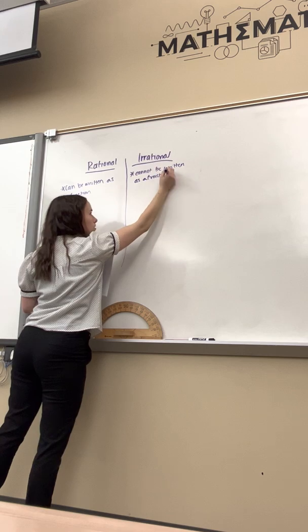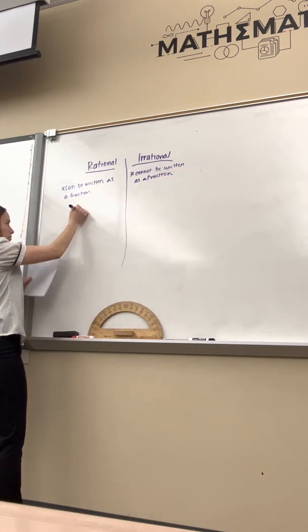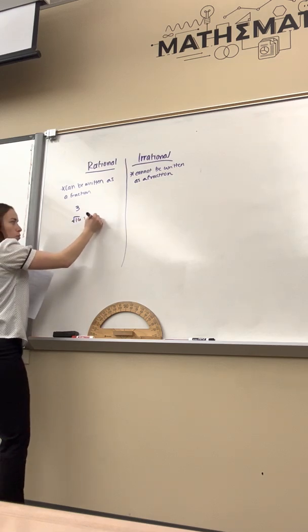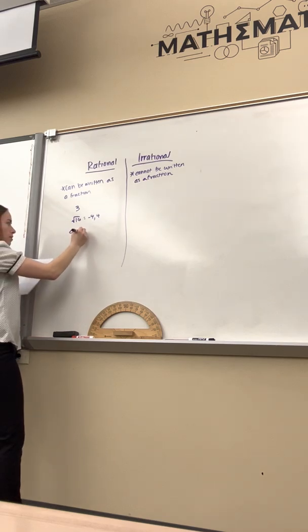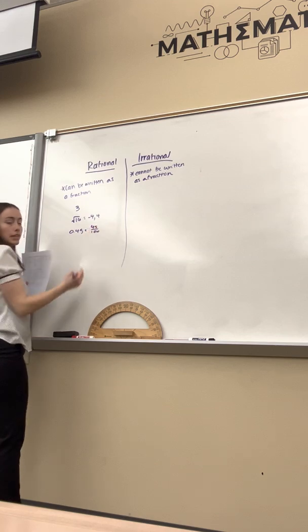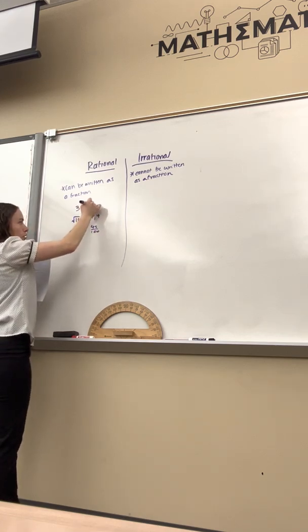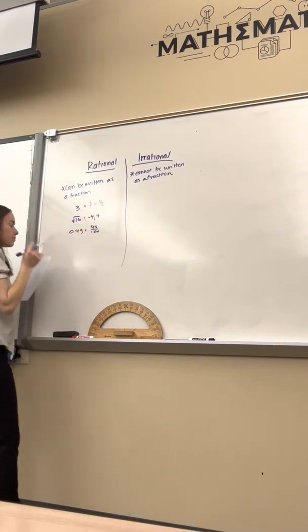Some examples for rational, we have 3, root 16, because that is either negative 4 or 4. 0.45, that can be written as 45 over 100, and even simplified. This can be rewritten as 3 over 1 or 6 over 2.